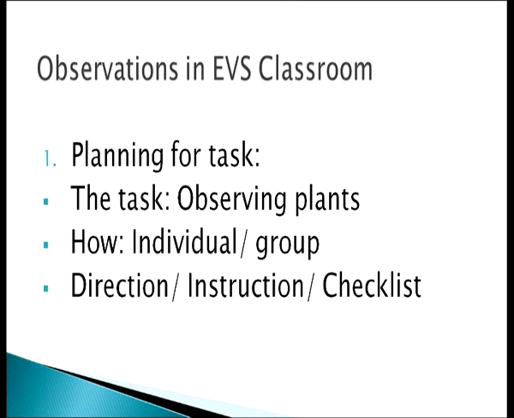I have to think whether the task should be individual, a small group task, or a pair task. So, one has to plan for it. After that, we have to give clear instructions to children about what they are expected to do in observation.